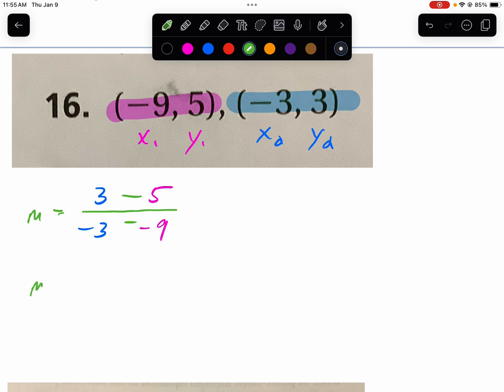Clean this up. 3 minus 5. This is going to have to turn to a plus. Negative 3 plus 9 is going to be 6. That's a negative 1/3 for our slope.